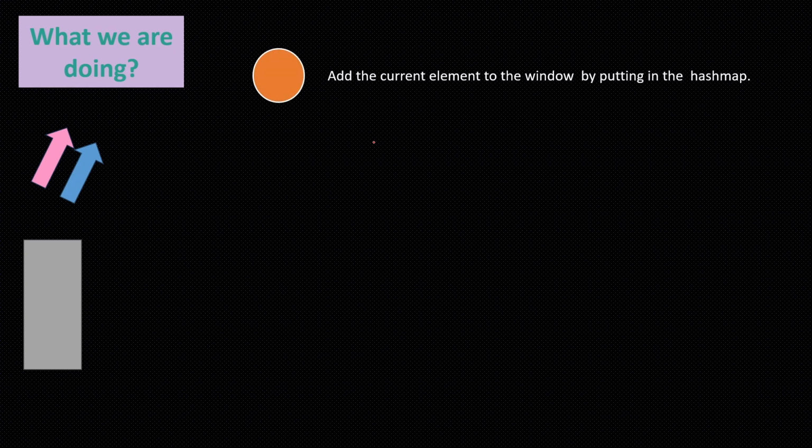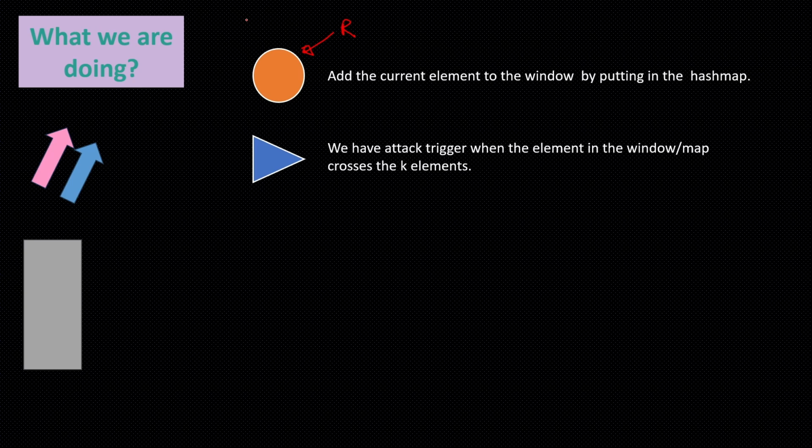So let's see what we are doing. We have two pointers, left and right, and a container, which is a hash map. Our first step is we add the current element to the window by putting it in the hash map. Wherever the right pointer is pointing, we put it in the container. Then comes the attack trigger.